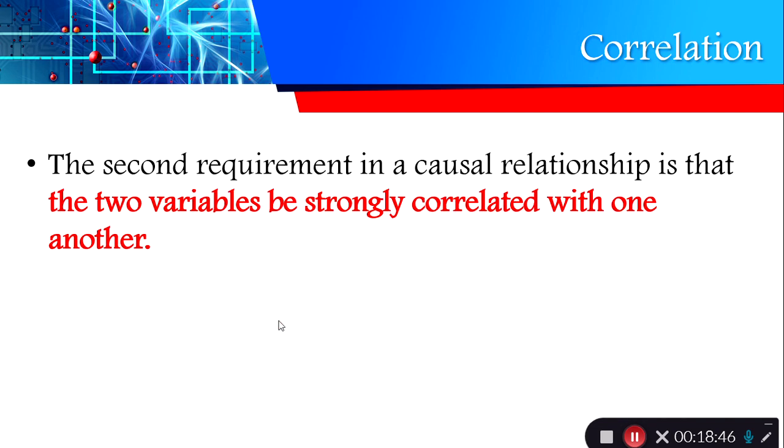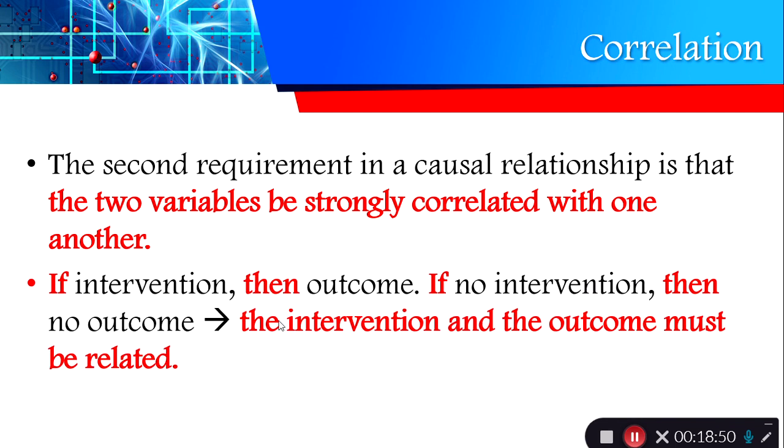Correlation. The second requirement in a causal relationship is that the two variables be strongly correlated with one another, okay? So essentially, we have to be able to say that if the intervention, then the outcome, okay? So if there's no intervention, then there's no outcome. In other words, the intervention and the outcome must be related. There must be a connection.